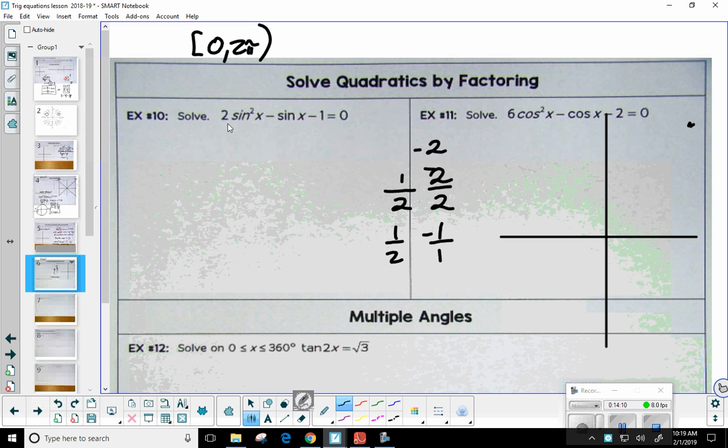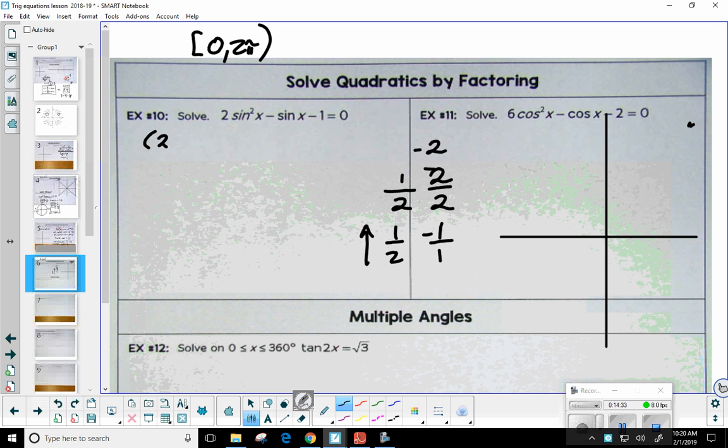And now the trick is just to move these values to create your group factors. Okay, so here's my question. Would this be 1 sine of x plus 2 or 2 sine of x plus 1? We always start from the denominator and work our way up.